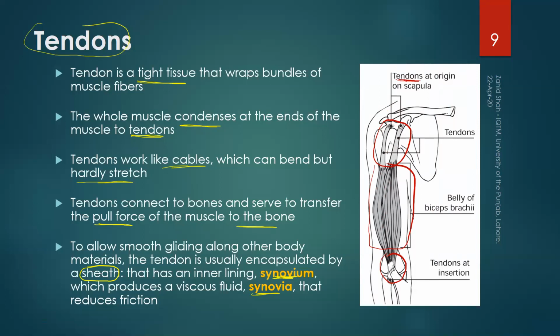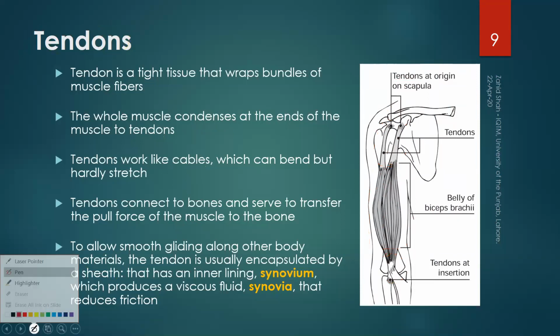But the point we want to focus on at the moment is that these are the points where the tendon is attaching the muscle to the bone. So here the tendon is attaching to the bone and will transfer the force or power from the muscle to the bone.